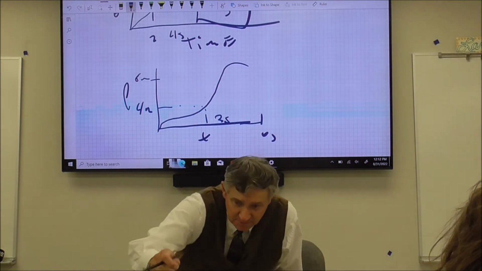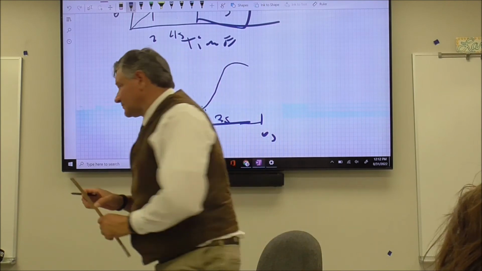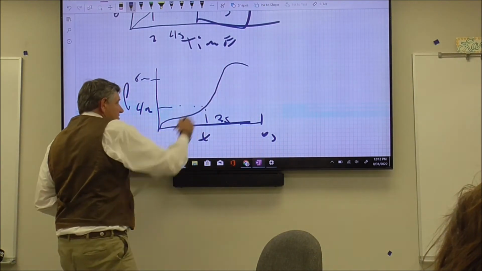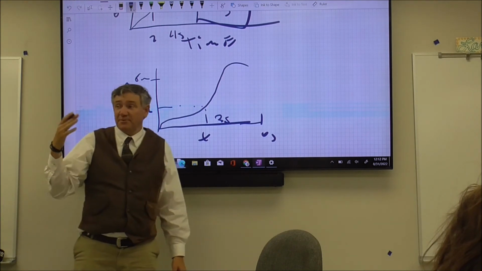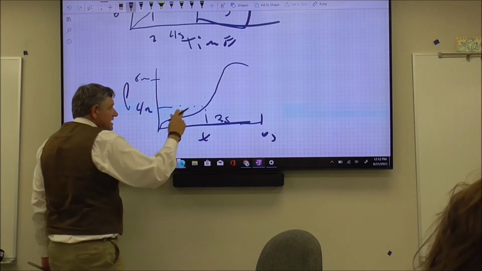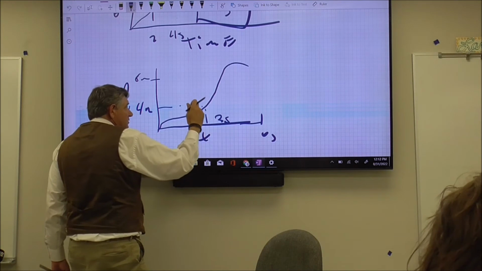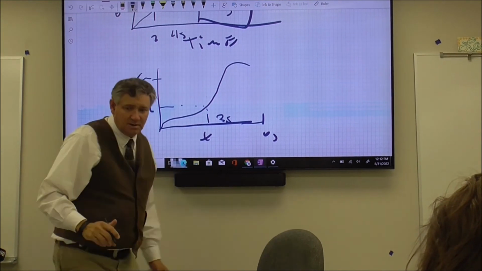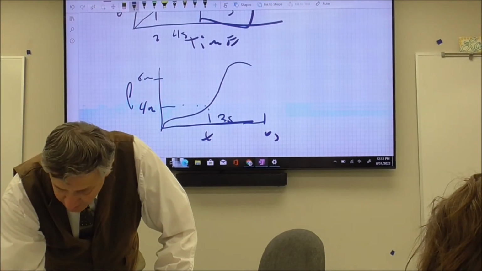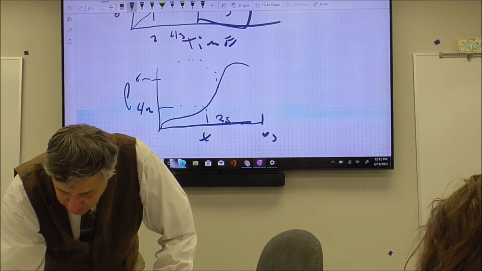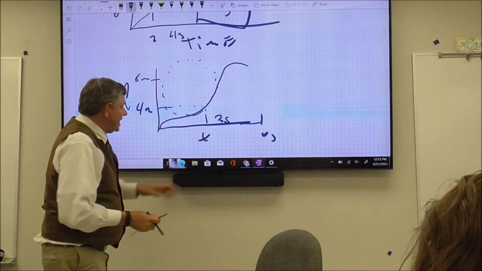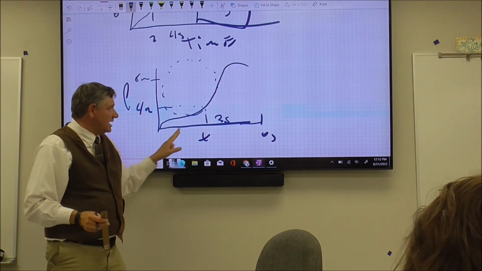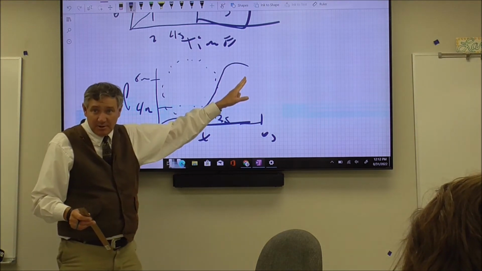You are going to take a ruler, and this is what I wish I could draw on this thing. But imagine, and this is like a leap of faith, that this is part of a circle. So imagine that this whole thing is part of one big circle, and you want to draw a tangent line at that 3 second mark.